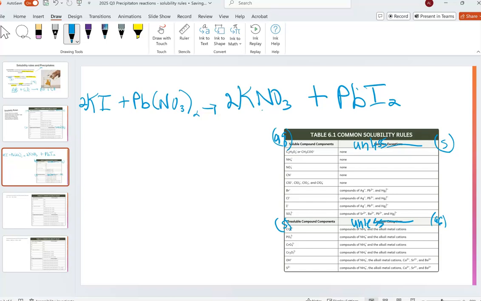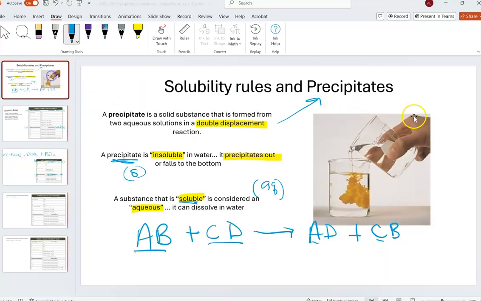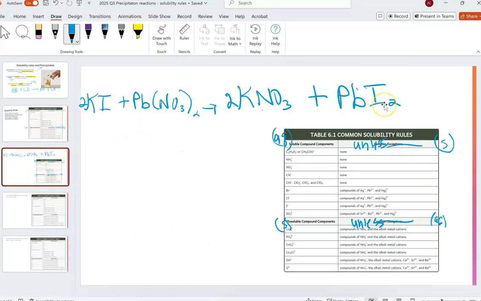Now, in a double displacement reaction, our reactants are always aqueous, okay? So if you were to look, you can see one of my substances right here is dissolved in water, and the other one was clear, dissolved in water, and then when we put them together, it formed a precipitate. So I can right now say this guy is aqueous, and this guy, oh, let's do it properly here.